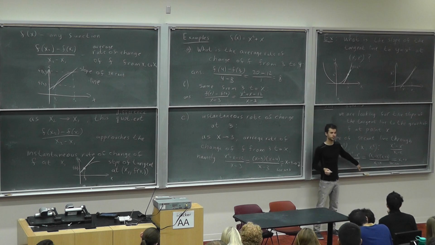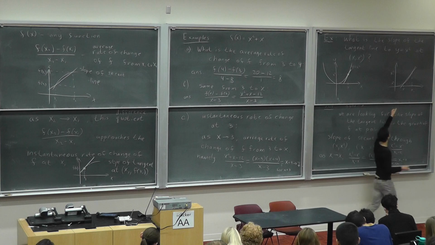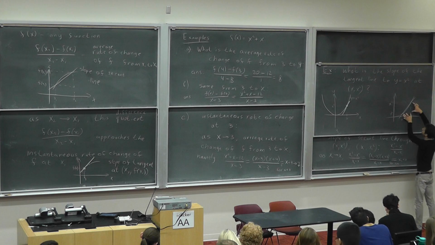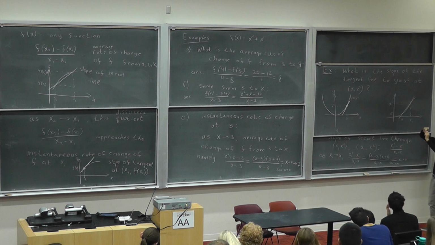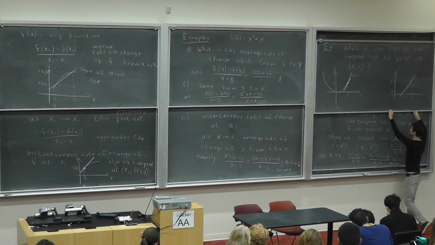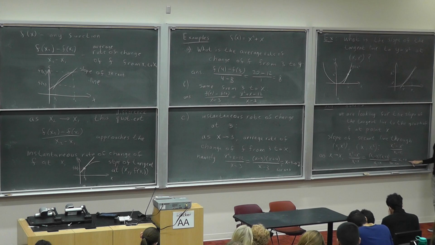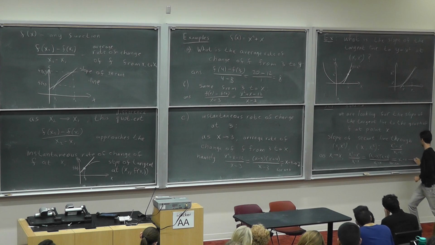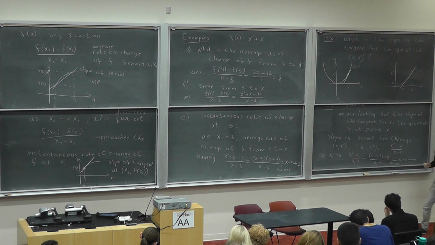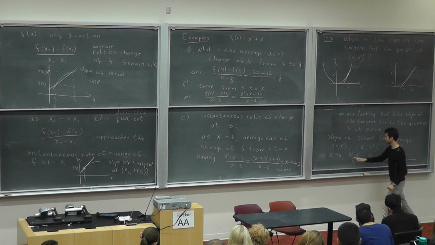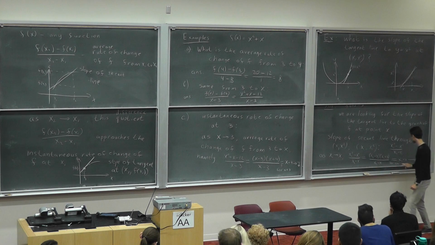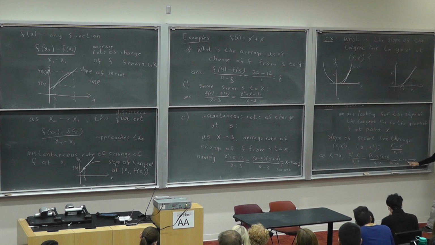So naturally, this quotient is not quite defined when x2 is equal to x, because both distances will be 0. But for any other value of x2, that's the answer, x2 plus x. Now I can ask the question, when x2 approaches x, what happens to this expression? It approaches something.